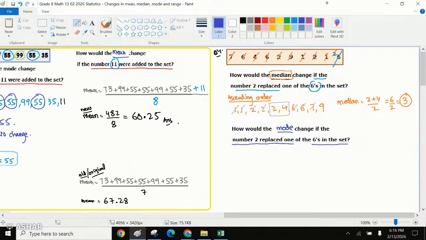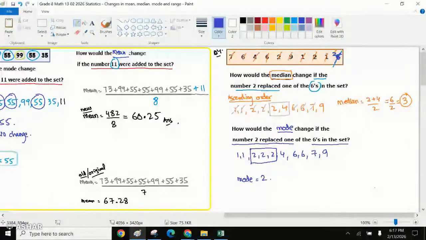So we know that if 2 replaced a 6, this was our 6. So we know that there were 2 1s, 3 2s, 1 4, 2 6s, and 7 and 9. Now since we have more 2s, previously there were 3 6s, but a 6 was replaced by a 2. So the mode will change to a 2, most repeated.